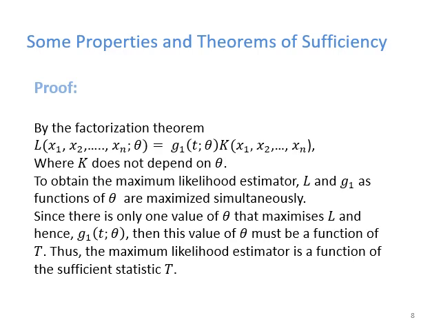And since g1 t and theta depends on t, i.e. the observations here x1, x2 and till xn appear only in terms of t, therefore, the maximum likelihood estimator has to be a function in t. So this shows that the maximum likelihood estimator is a function of the sufficient statistic t.